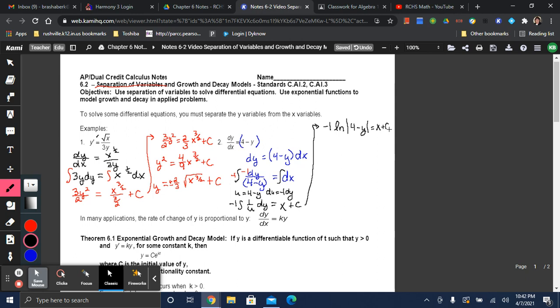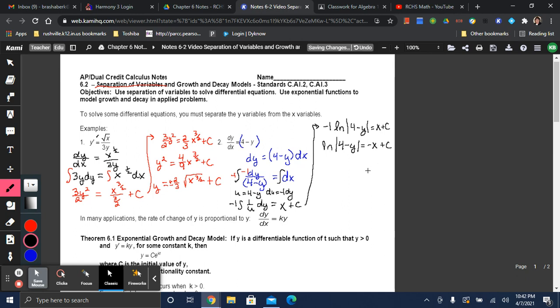So now we're going to go through the process of solving for the y. The first thing you want to do is get the natural log by itself. So we'll need to divide both sides by -1. That's going to give us natural log of absolute value of 4 minus y equals, and then the -1 will affect the x, but you'll just have plus c.